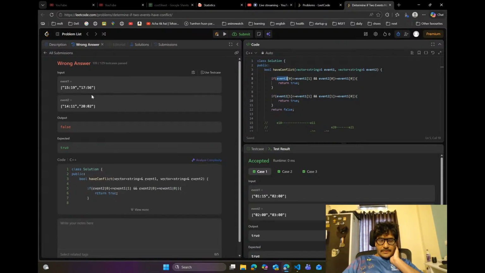Yes. Event 20, is it greater than or equal to this particular time? No.